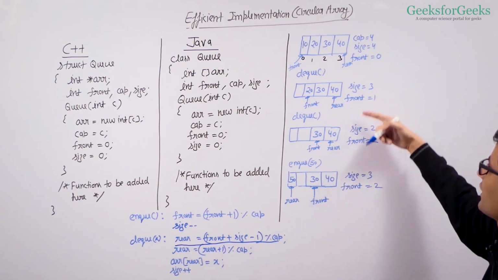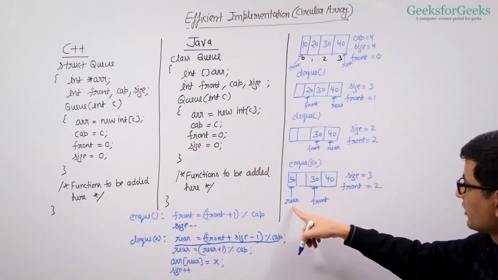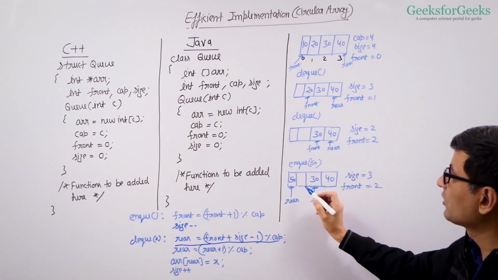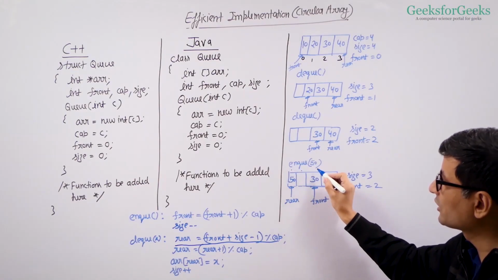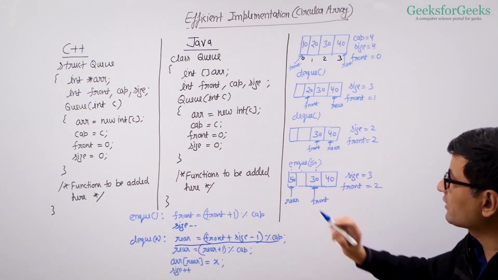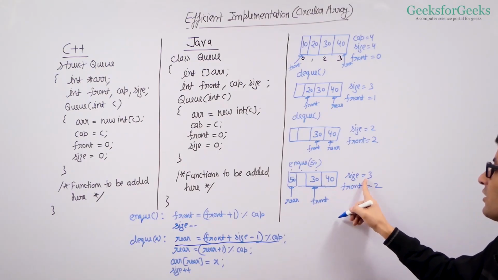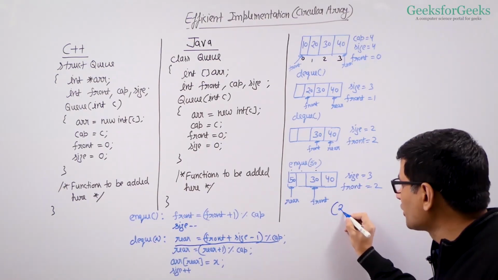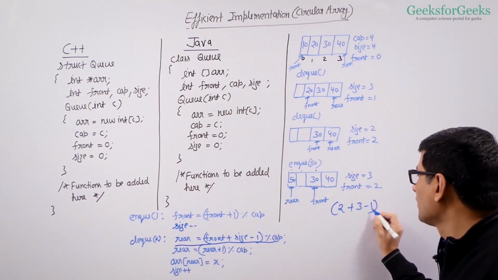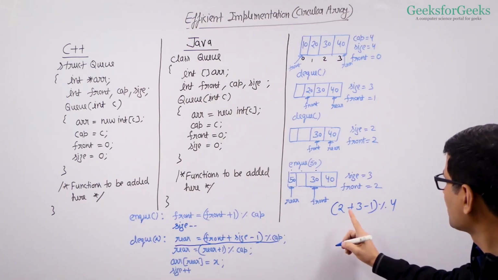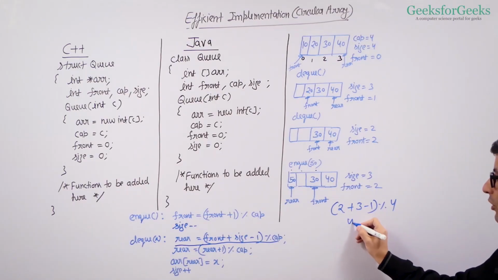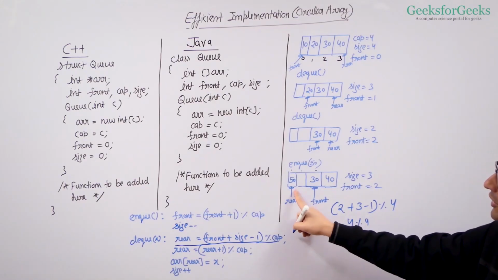You can notice in all the examples here, we can get the rear, especially this is interesting. Front is 2 here, this is index 0, this is 1, this is 2, and rear is at index 0. So we can get the rear as 2 plus size is 3, 2 plus 3 minus 1 modulo 4, which is 5 minus 1, 4 modulo 4, which is 0, and your rear is 0.